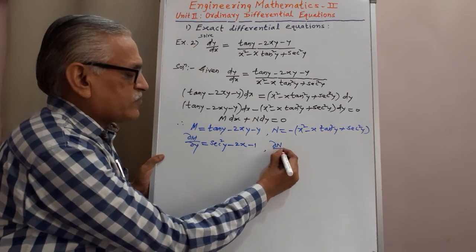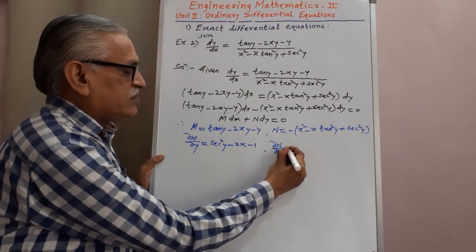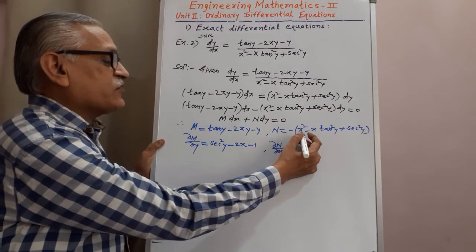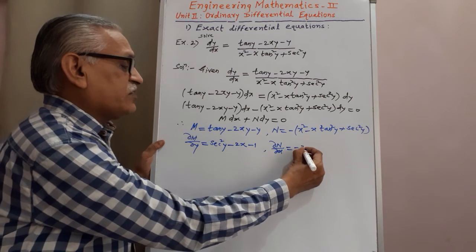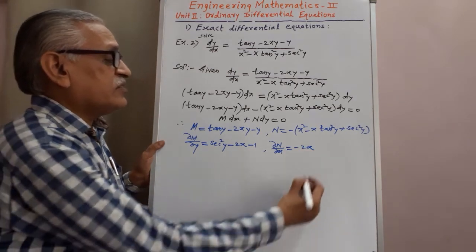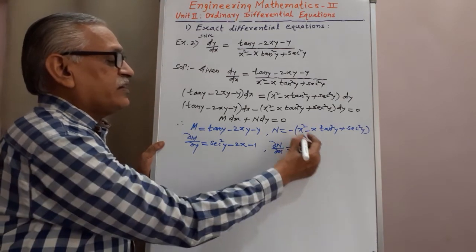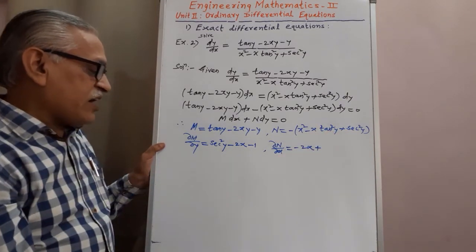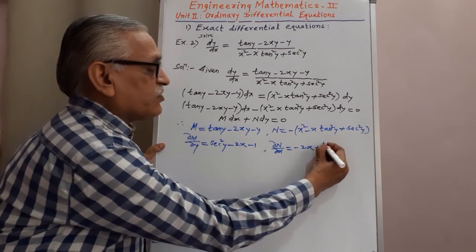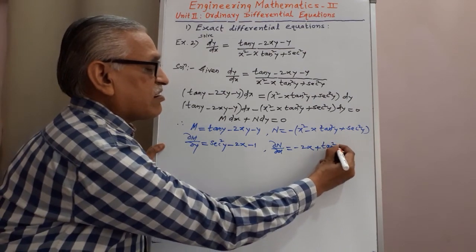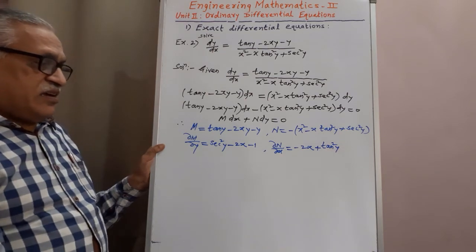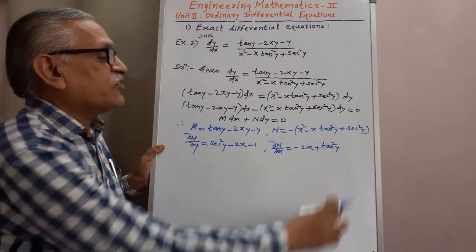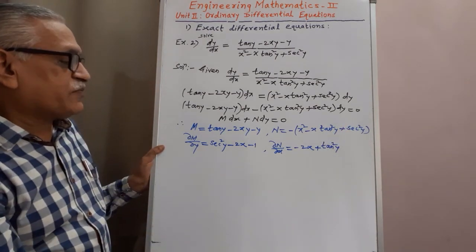Differentiating N with respect to x, keeping y constant, the derivative of x square is 2x, so minus 2x, and minus minus becomes plus. The derivative of x tan square y with respect to x is tan square y, and the derivative of secant square y with respect to x is 0.